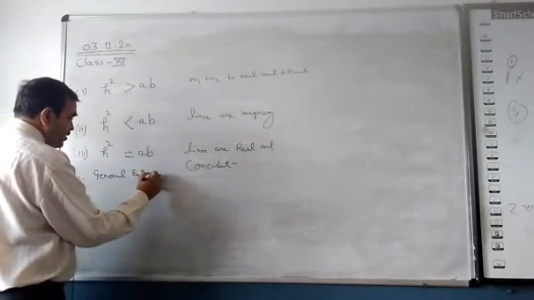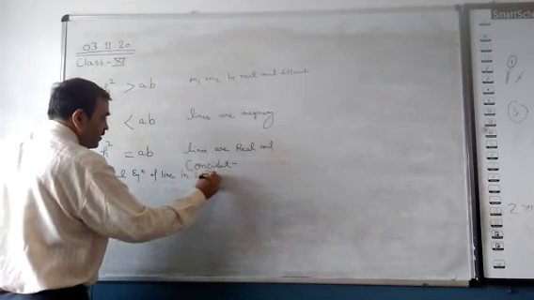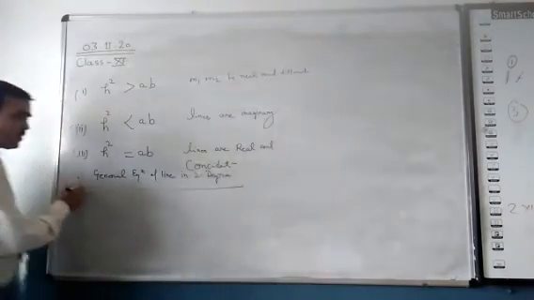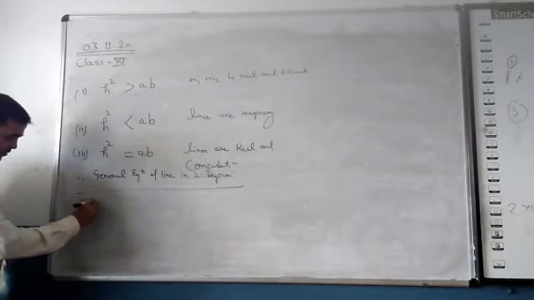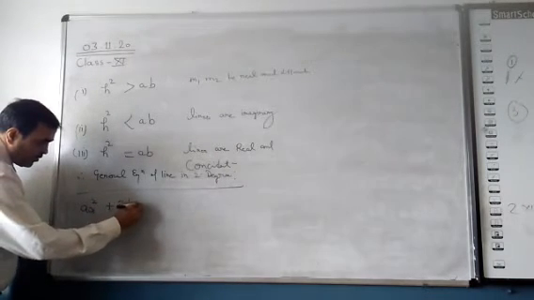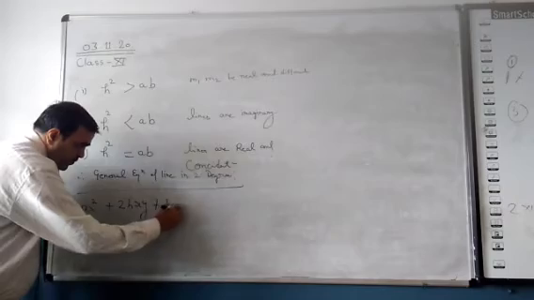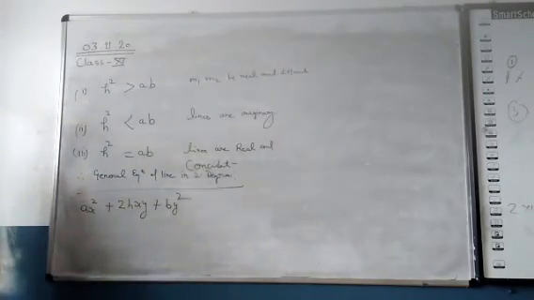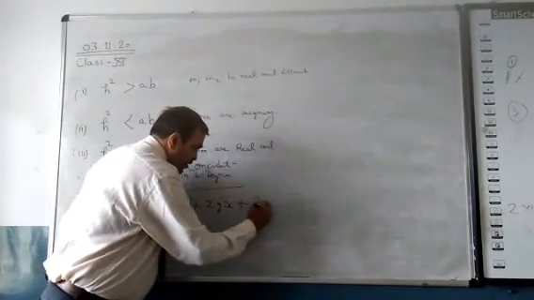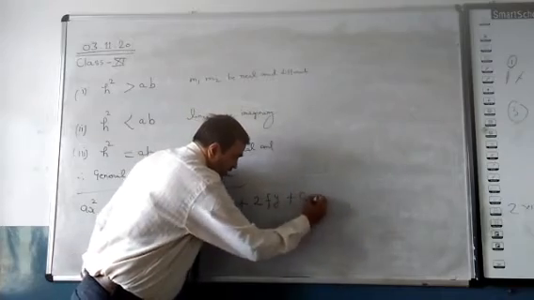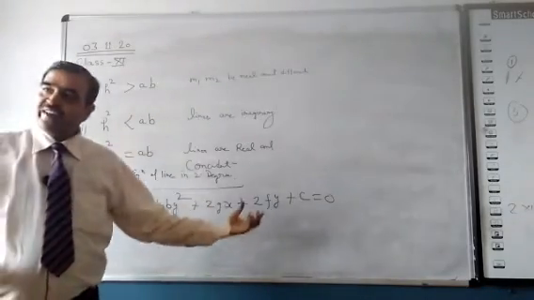The general equation of line in second degree is ax square plus 2hxy plus by square plus 2gx plus 2fy plus c is equal to 0. It is called the general equation of line in second degree.